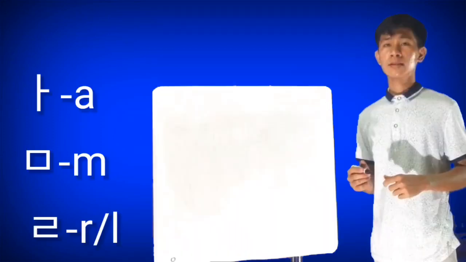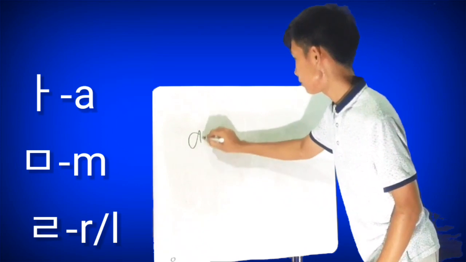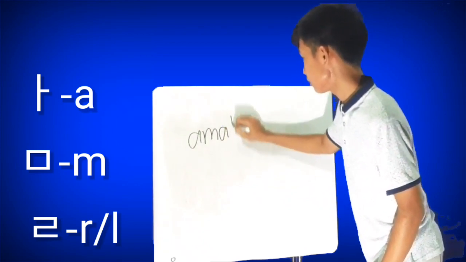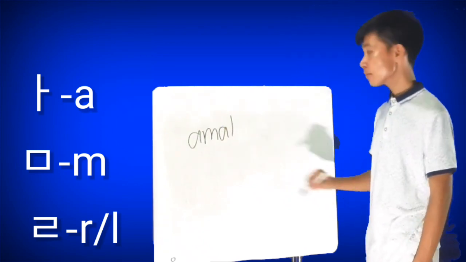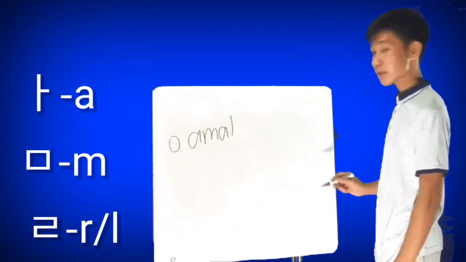Uyu. Another example, amal. In this case, we have to put the zero consonant at the beginning of the vowel, so it should be written like this.